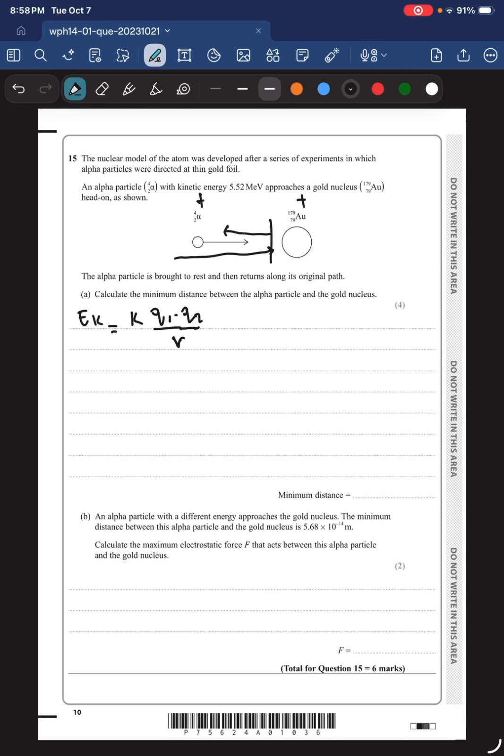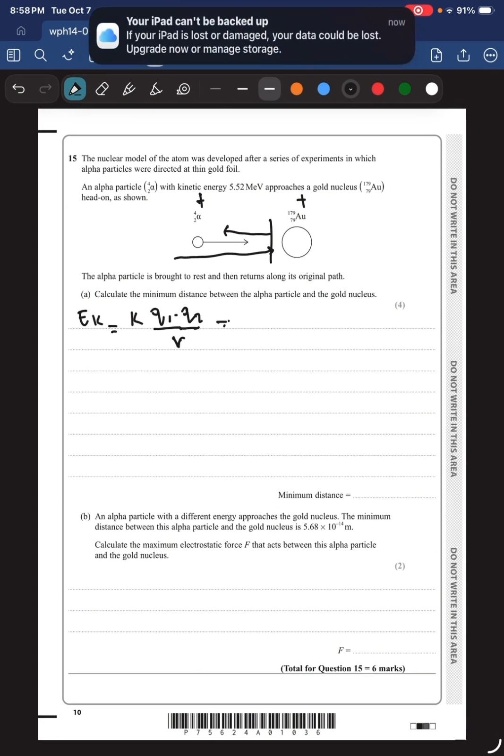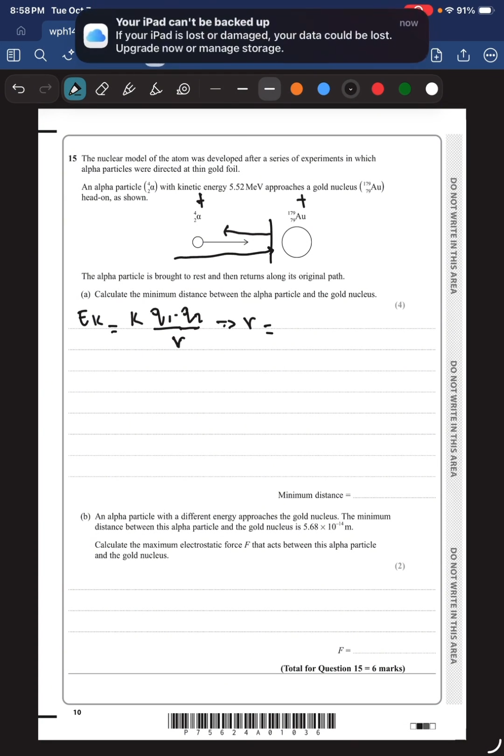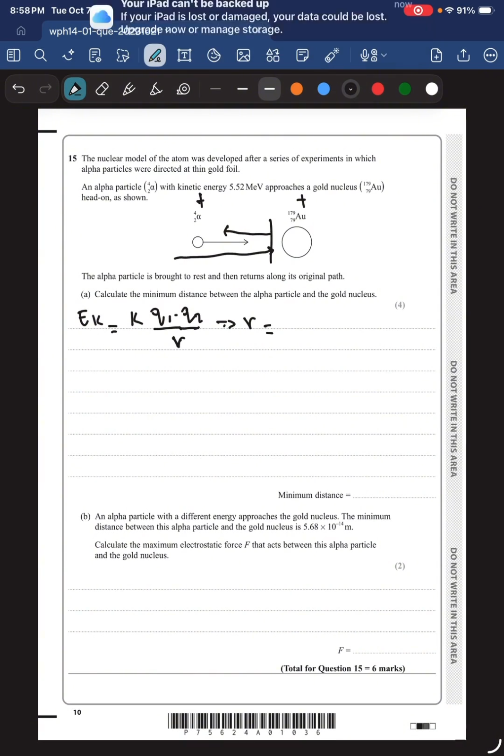We are looking for an energy here, so it's over R. So R is K Q1 Q2 over E.